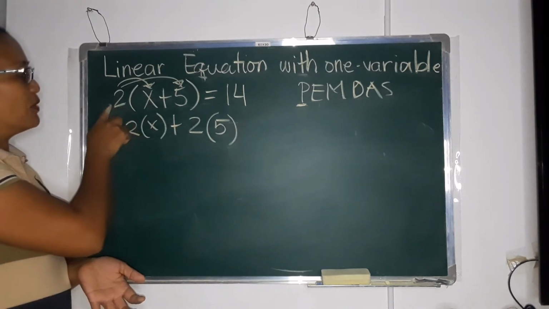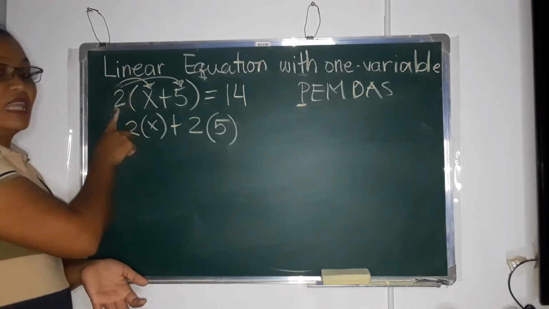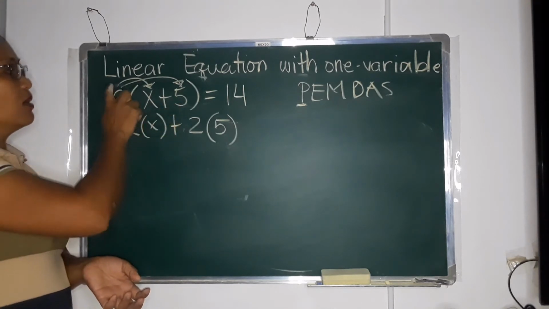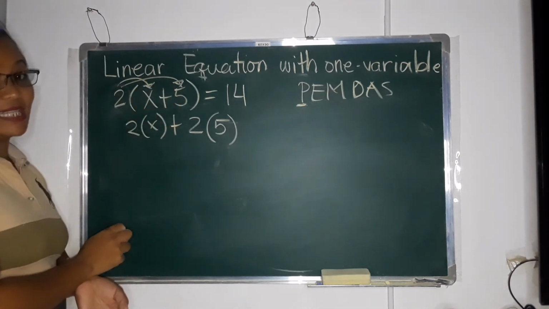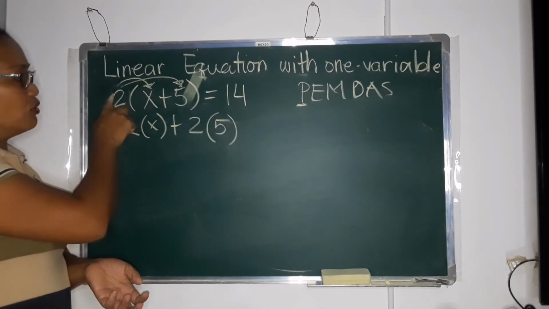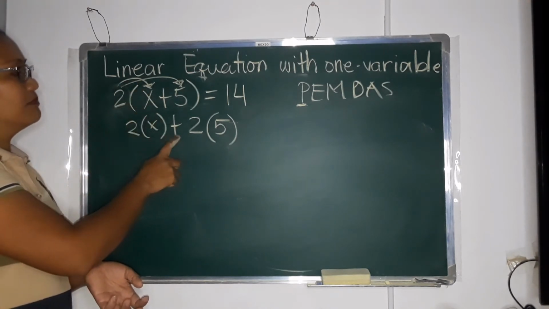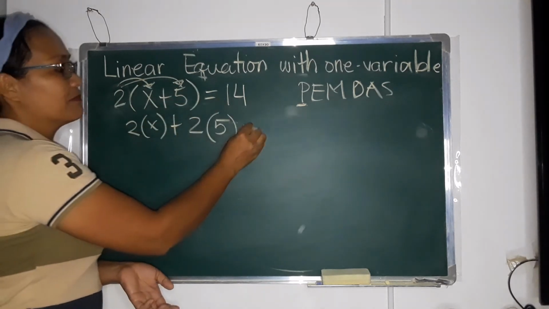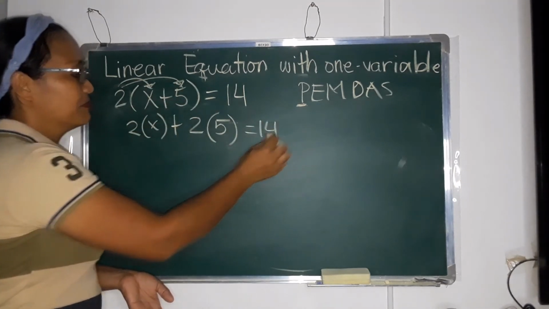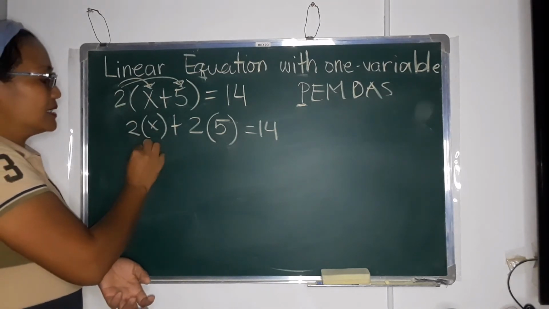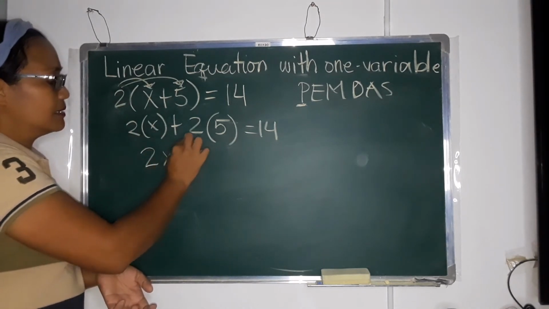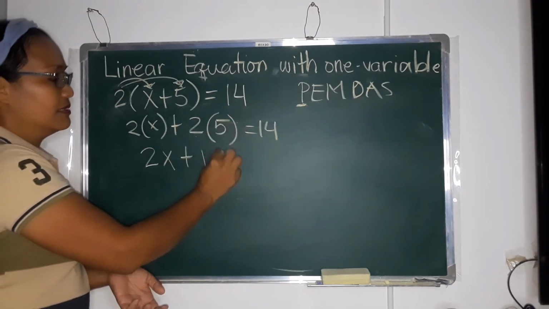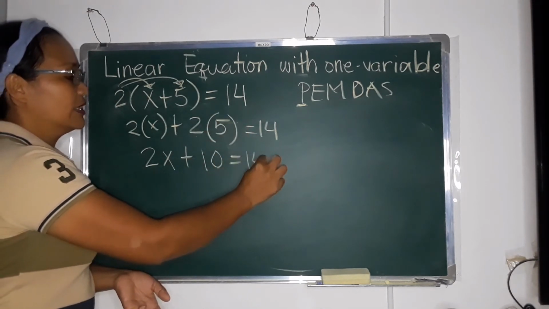I'll repeat. You're going to multiply the number outside the parentheses with all the values inside the parentheses. So 2 multiplied by x plus 2 multiplied by 5. And then copy is equal to 14. Next, 2 times x is equal to 2x, plus 2 times 5 is equal to 10, is equal to 14.